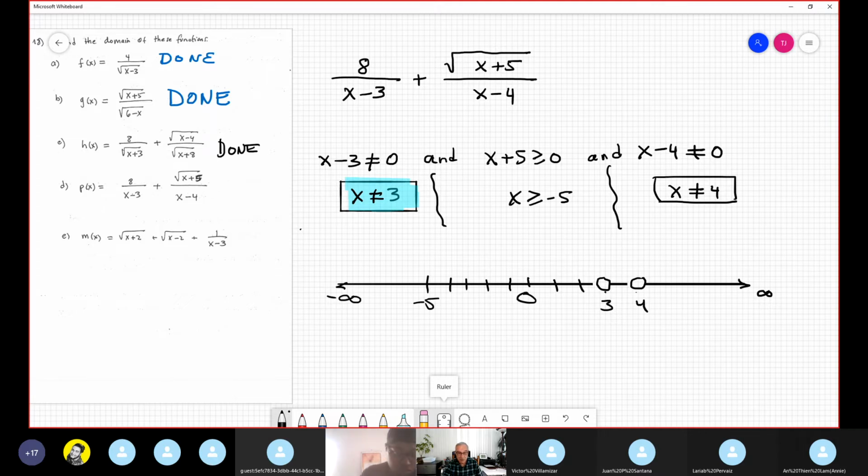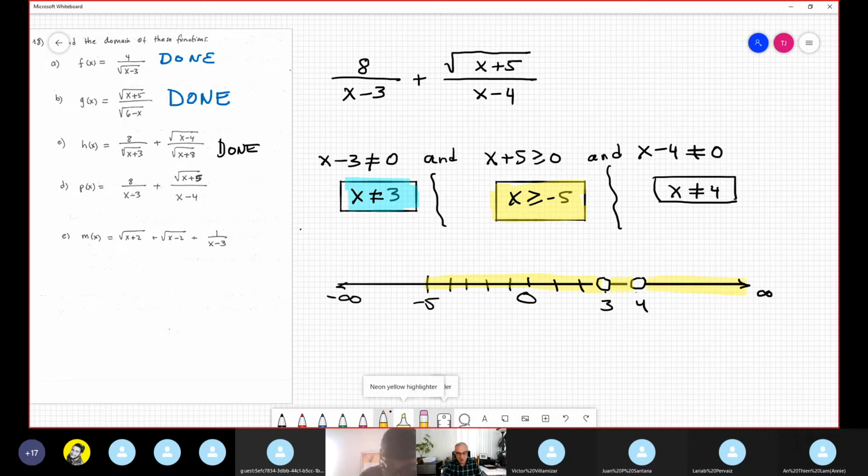It's graded down. Let me use a different color. Yellow color, maybe. First of all, close the box here. And the yellow color for this is from negative 5. But the problem is, wow, we have a hole, we jump the hole, and we continue.